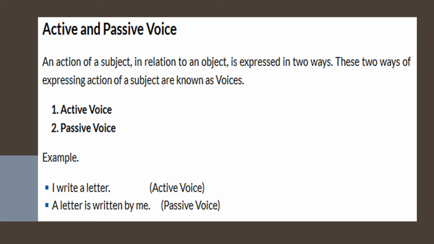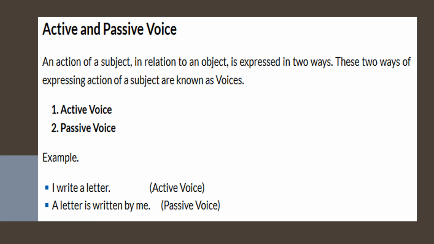Then we have the sentence in passive voice and it says a letter is written by me. First we have the object, then we have the auxiliary verb is, then we have third form of verb which is written of write, and then use of preposition by, and then we have object me.